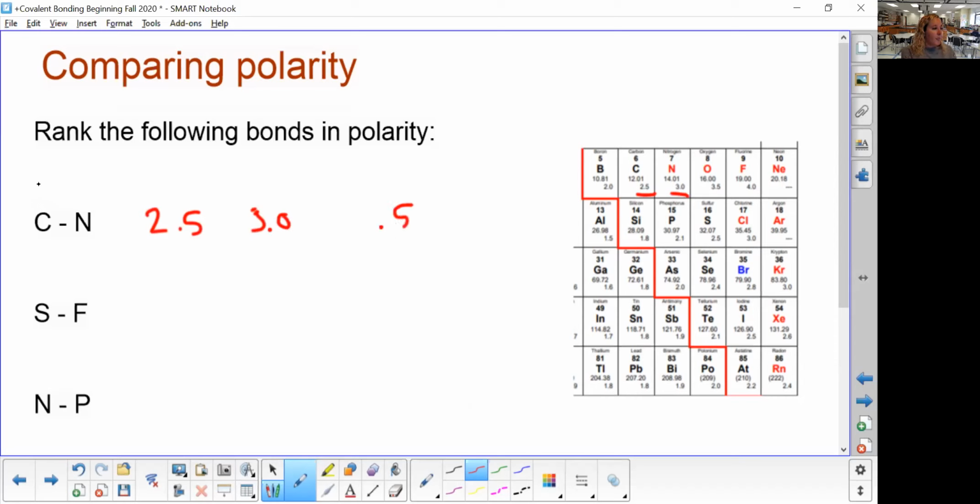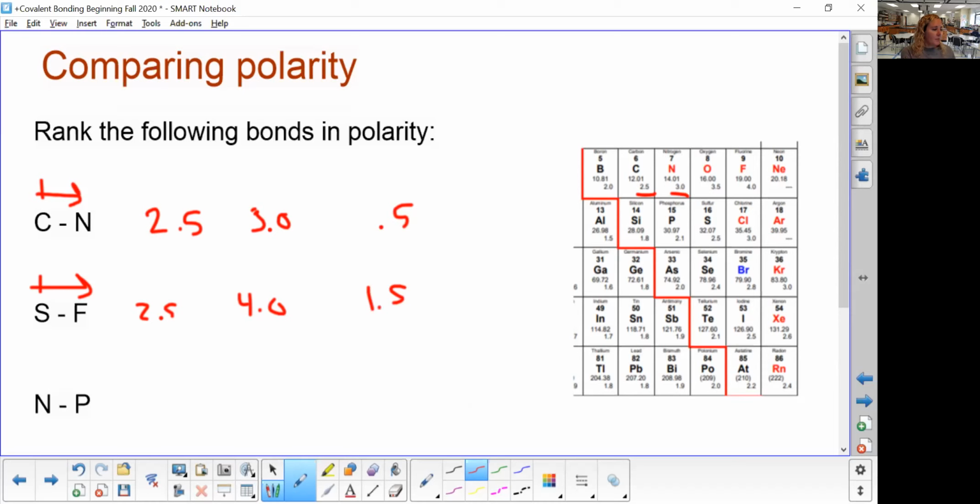And the dipole moment would go towards the nitrogen, the nitrogen being more electronegative. For sulfur, you've got 2.5 and fluorine 4.0, so it would be a bigger dipole moment towards the fluorine, with a difference of 1.5 there.